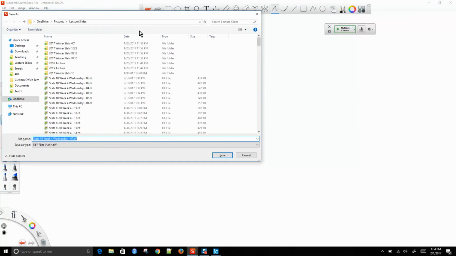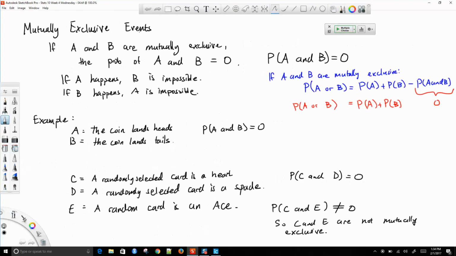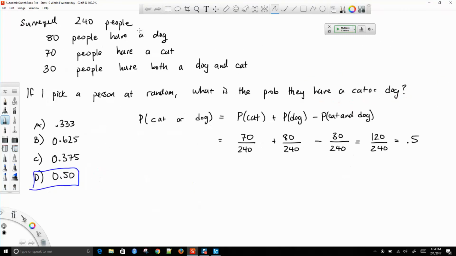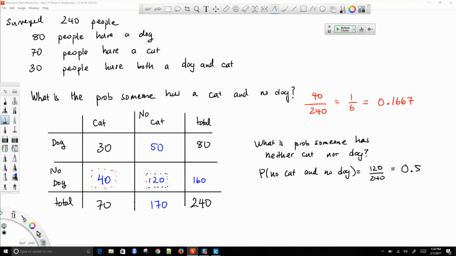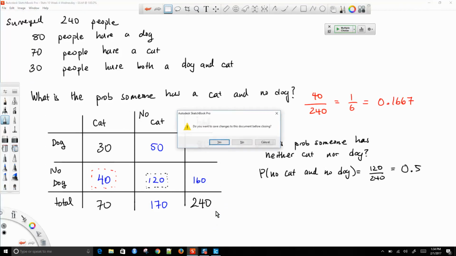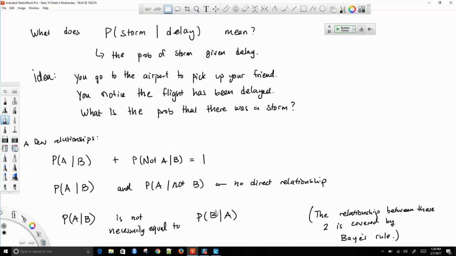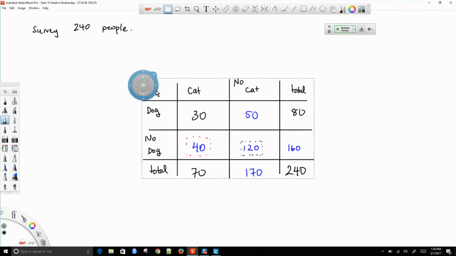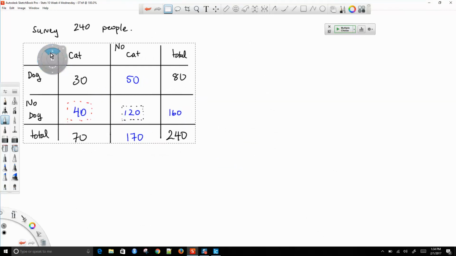Let me just scroll back and get the same chart that we had here. Okay, so I'm going to copy this. Okay, survey 240 people. We asked them, do you have a cat? Do you have a dog? And these are the responses we got.